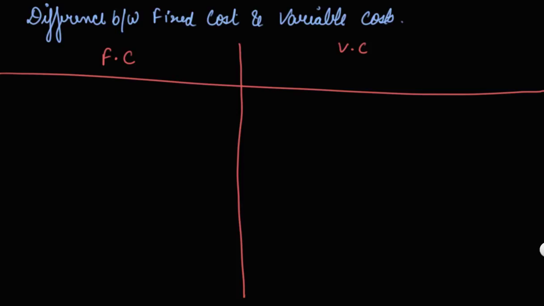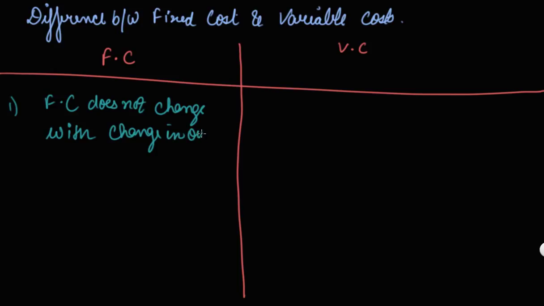Let us understand the difference between the fixed cost and the variable cost. Number 1, your fixed cost does not change with change in output. Right? Your variable costs change with the change in output.